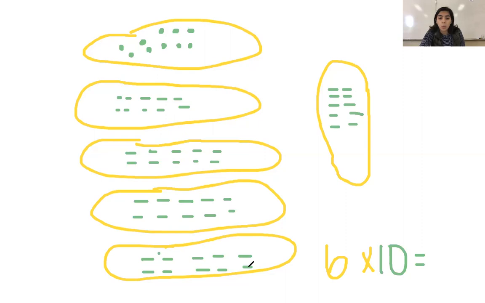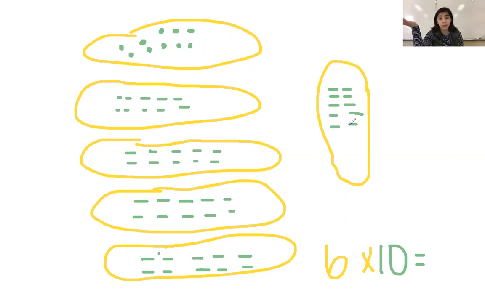We could go 1, 2, 3, and so on, all the way up to 58, 59, 60. So our answer is 60.